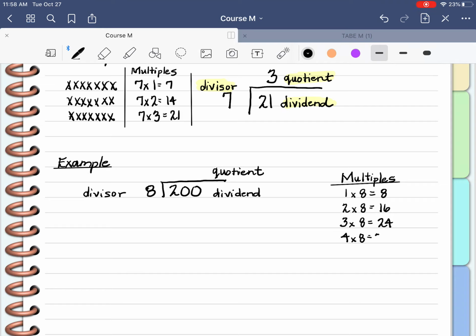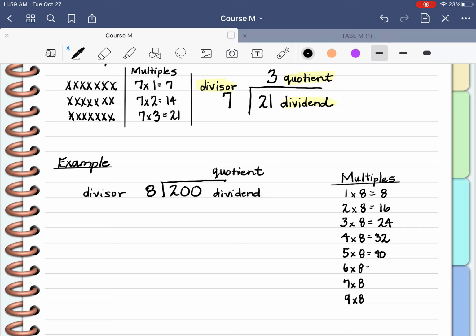Actually, let me go ahead and list them all for you this time. The highest you can go is 9. If you get into a 2-digit number there, factor, you've gone too far. So 9 is the highest you can go. So let's just list all of our multiples through 9, and we know that will be enough to solve this problem.